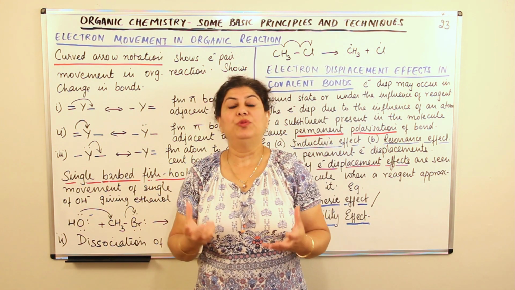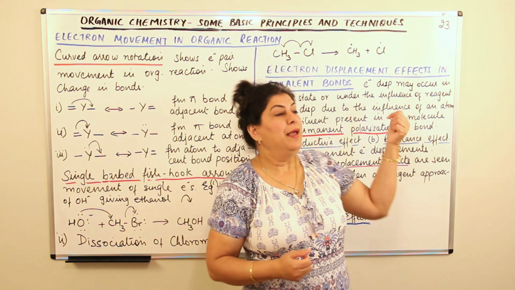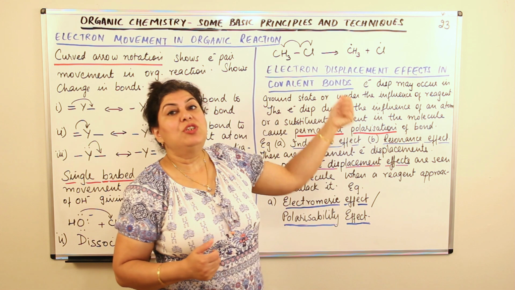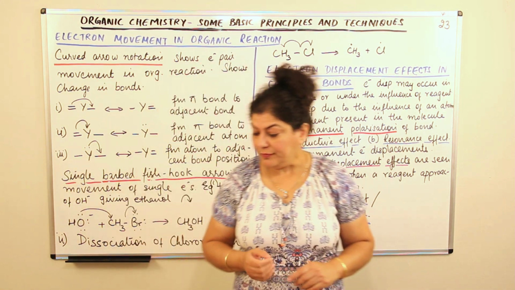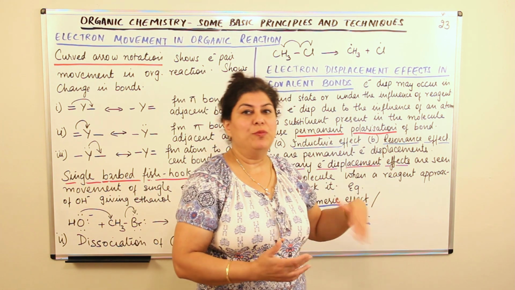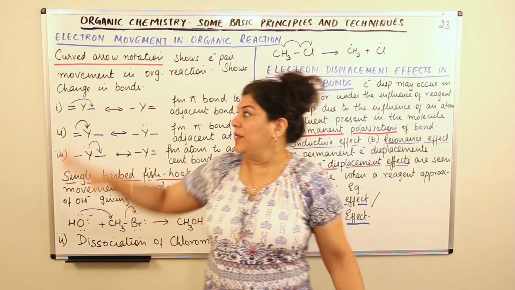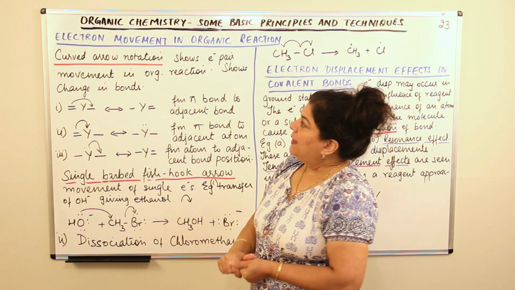How do we show the movement of electrons when we are writing down the reaction mechanism? And the second is the electron displacement effects on covalent bonds. This is basically just an introduction to the remaining portions that we would be doing in subsequent videos. But right now, let us just revise this once more.